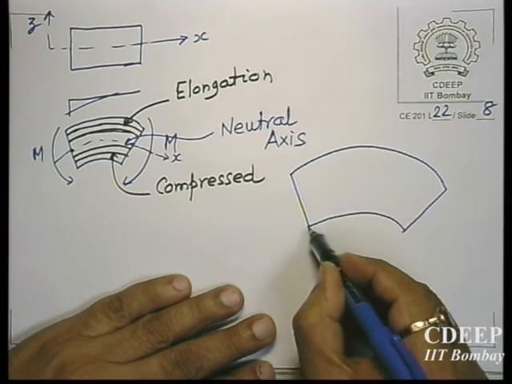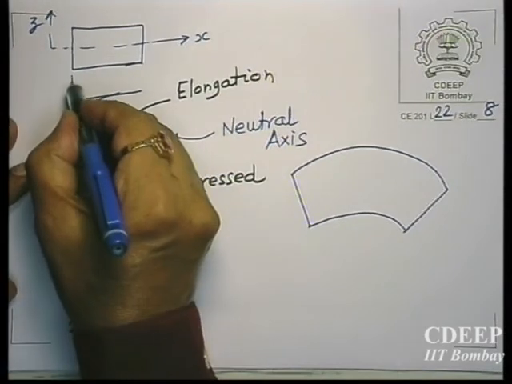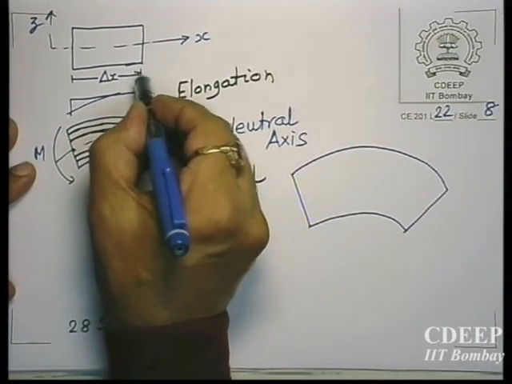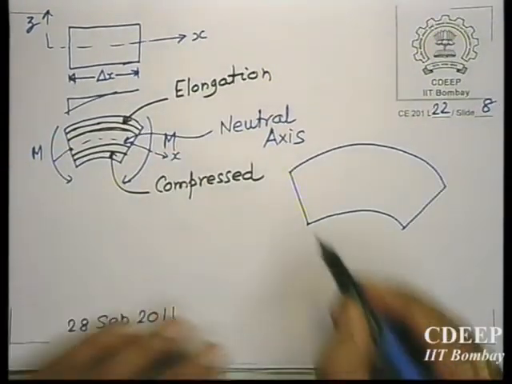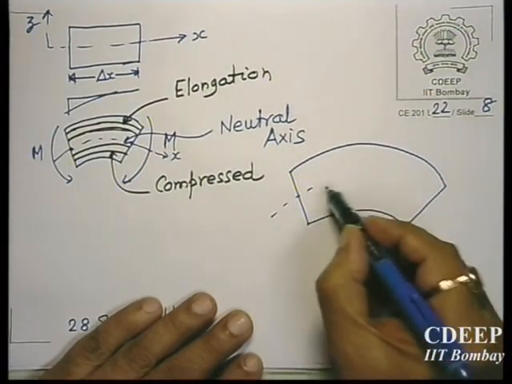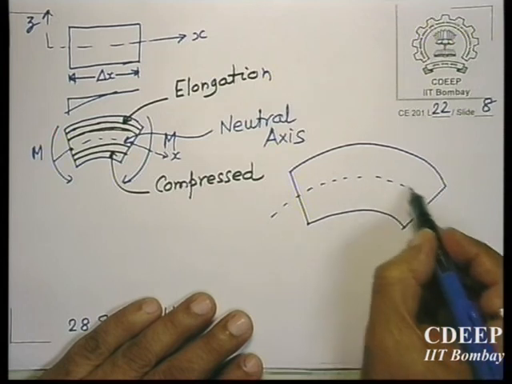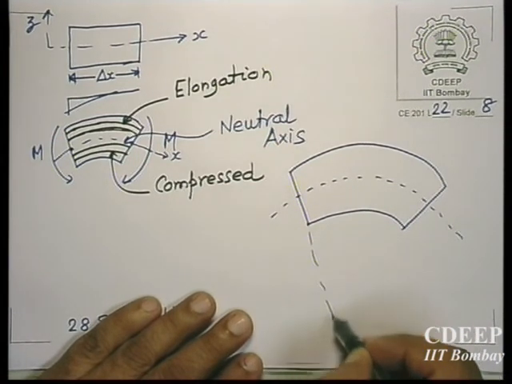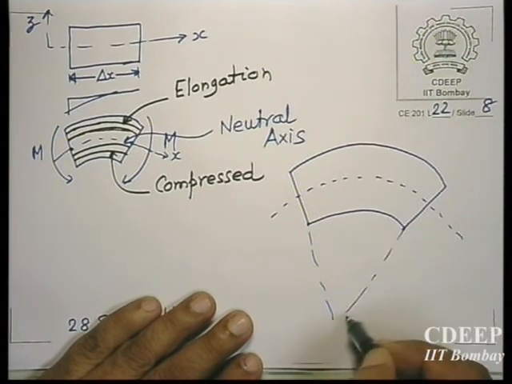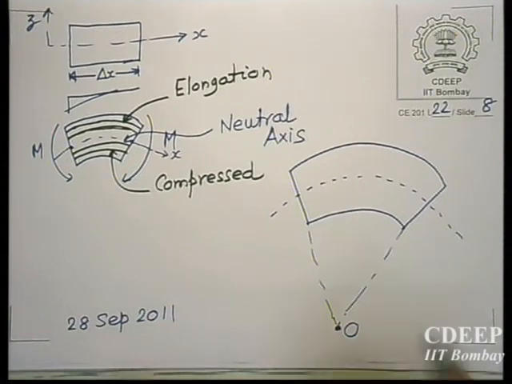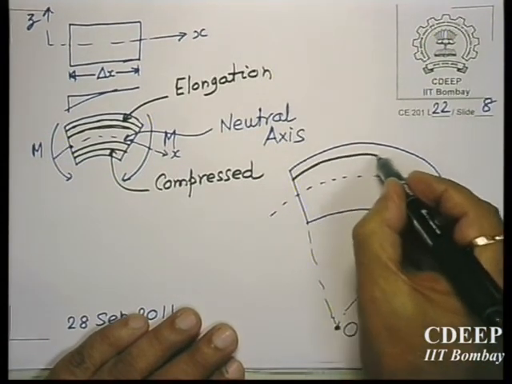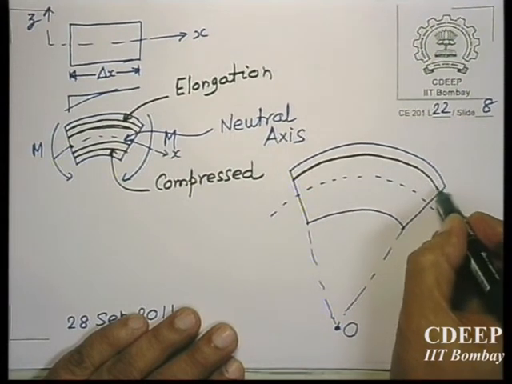Let us say this small length dx, that means this neutral axis will have the dx length. Let us take one longitudinal fiber.